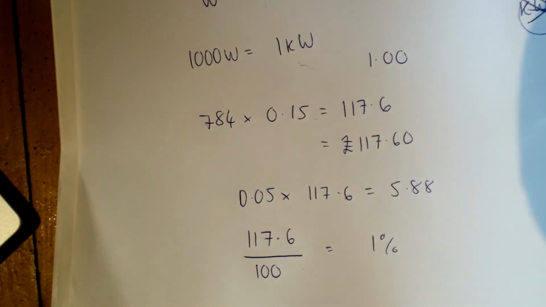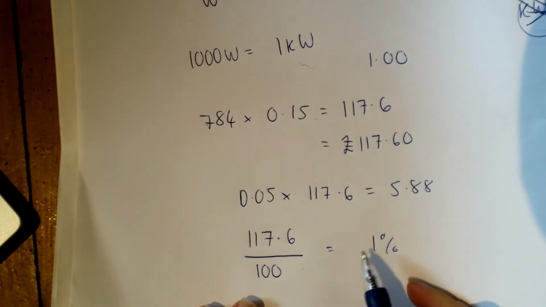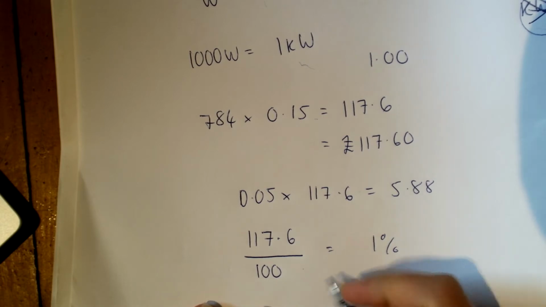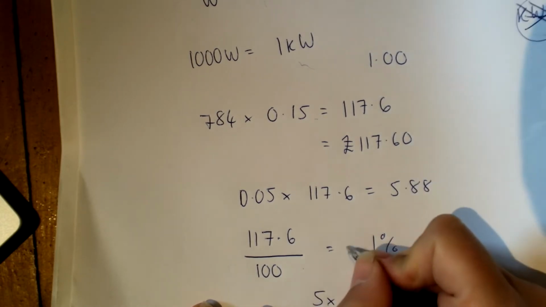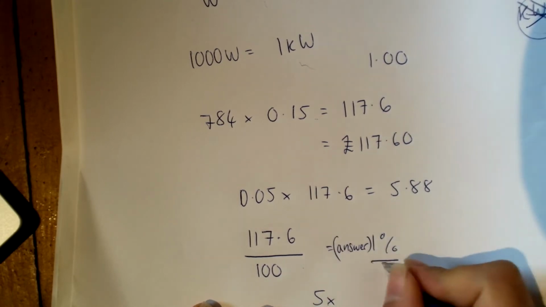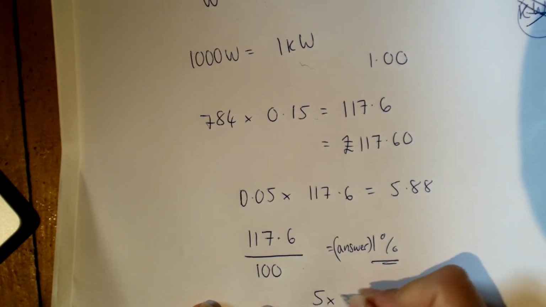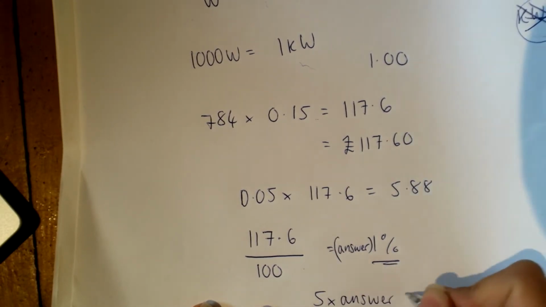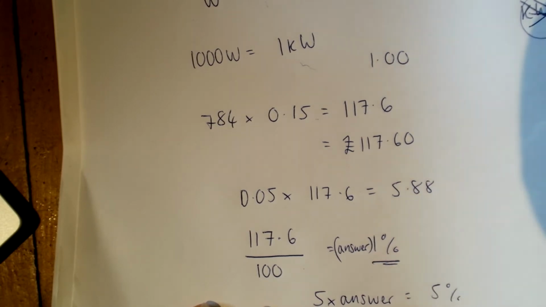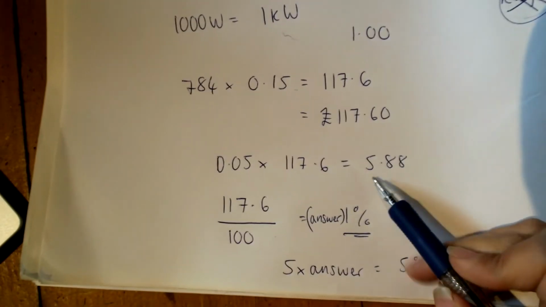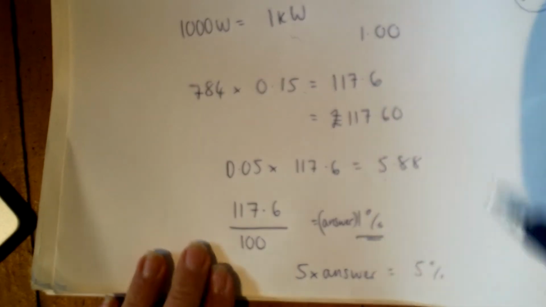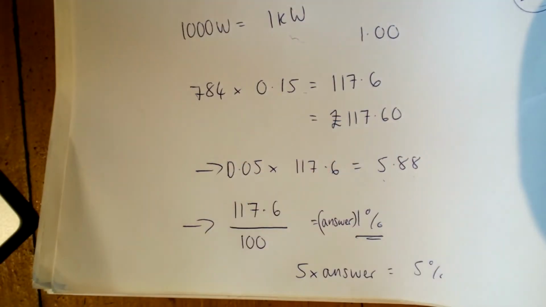I don't have a calculator with me to do that right now, but then I want 5 of them, so I need to do 5 times whatever this answer was, because that will give me 5%, and presumably will give me 5.88. So there's 2 different ways. This and this are exactly the same.